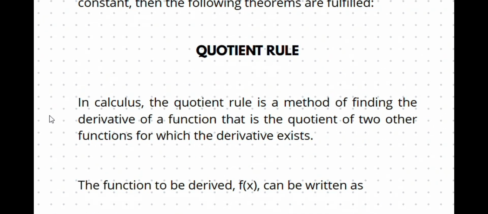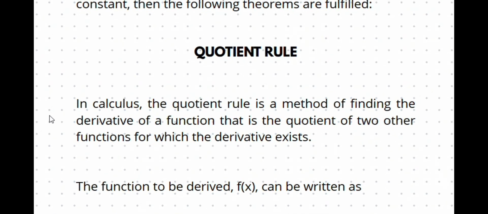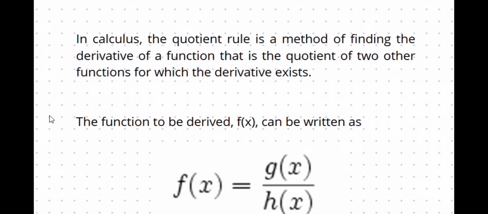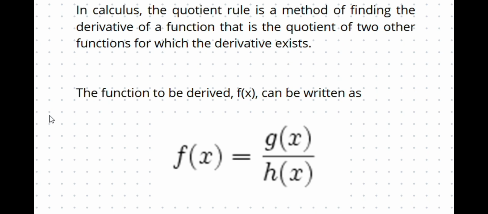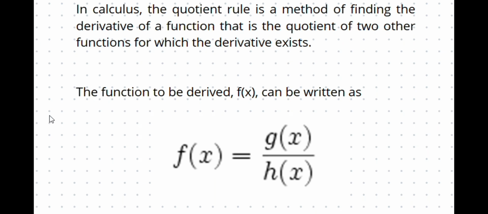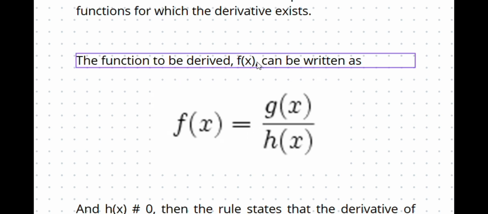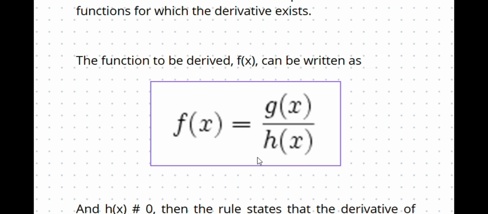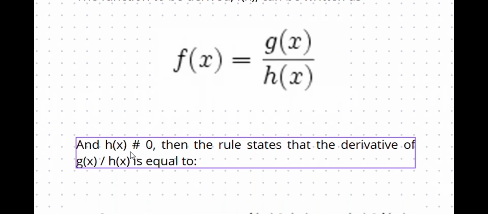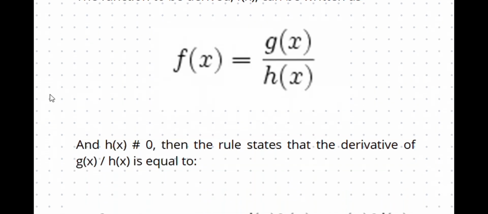Quotient rule. In calculus, the quotient rule is a method of finding the derivative of a function that is the quotient of two other functions for which the derivative exists. The function f of x can be written as f(x) equals g(x) over h(x), where h(x) is not equal to 0.